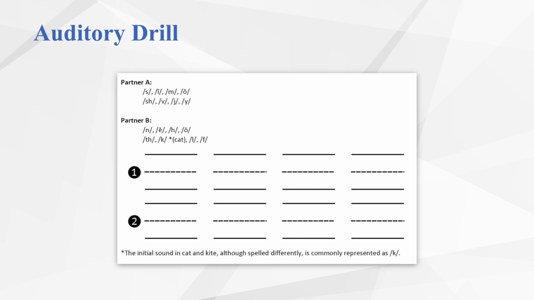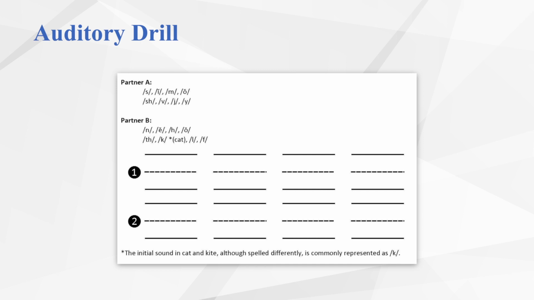Something to point out in partner B, in the second row, is the sound /k/. Again, in slash marks, we have the sound, and then you see that following that slash mark in parentheses is the keyword, cat. That would indicate to the instructor that they should pronounce the sound /k/. Students repeat /k/.